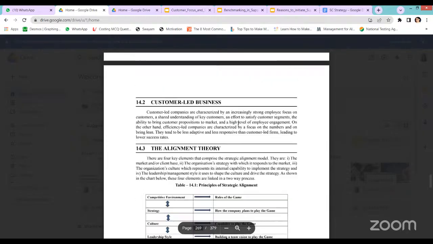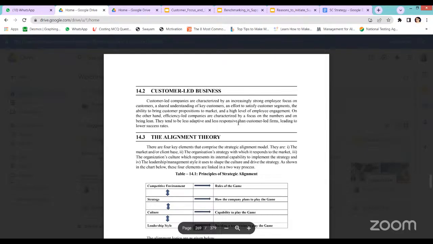Let's look into the topic. All business and customer-led companies are characterized by an increasingly strong employee focus on customers. In the companies that have grown because of customers and their satisfaction, you will find employees who are focusing on the customers very clearly.